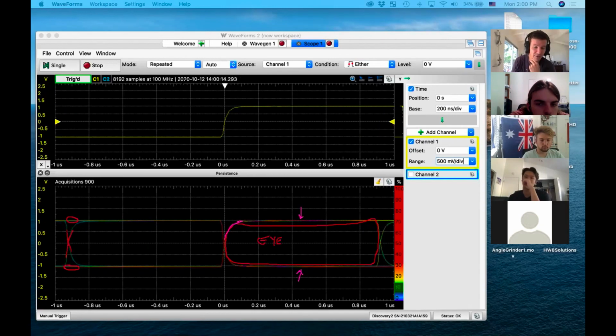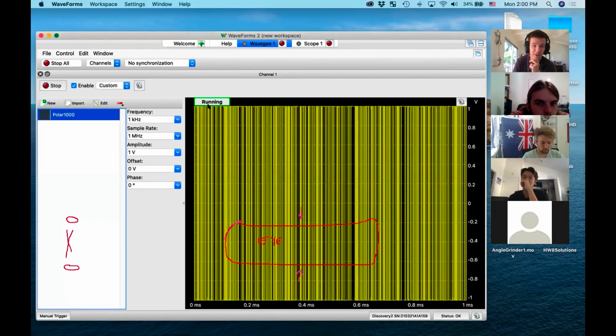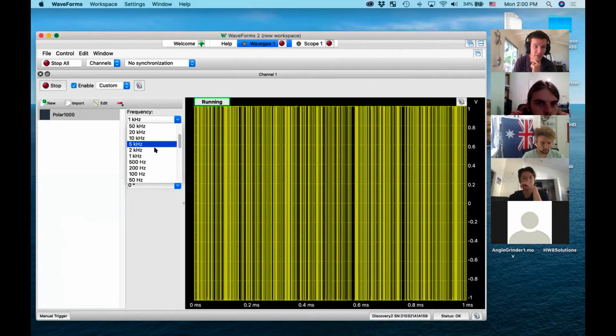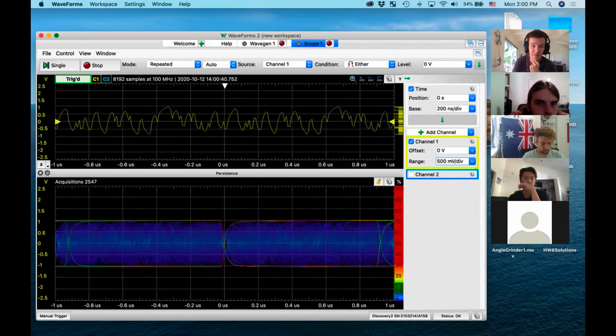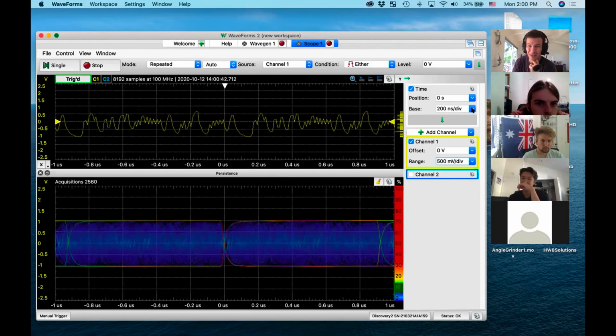Okay, so I think if I drive this faster, we'll see more and more errors. Let's try that. So go back to here, clear that stuff. Okay, so if I push this to 1 gigabit per second, then I suspect, well, we're going to have to zoom in real far.